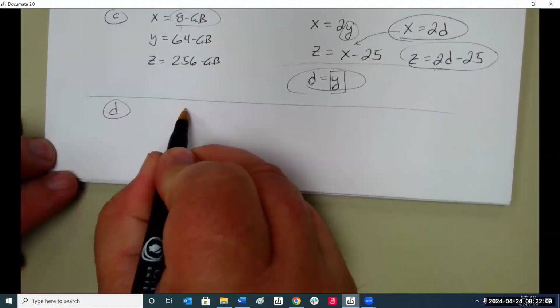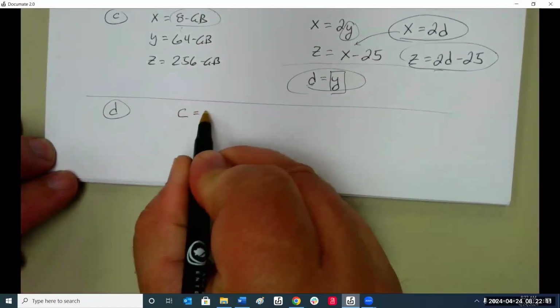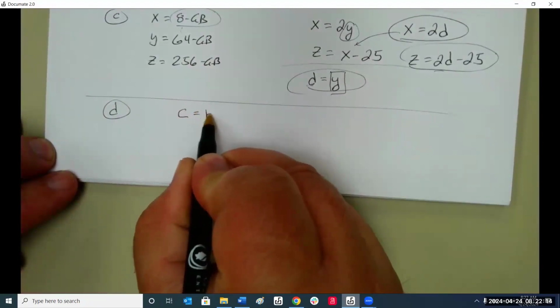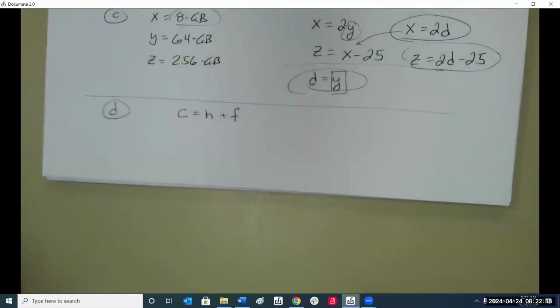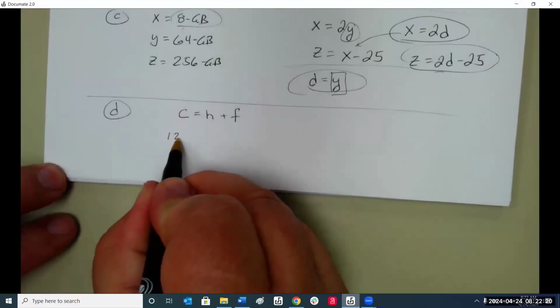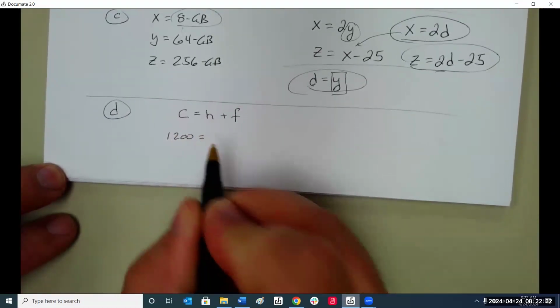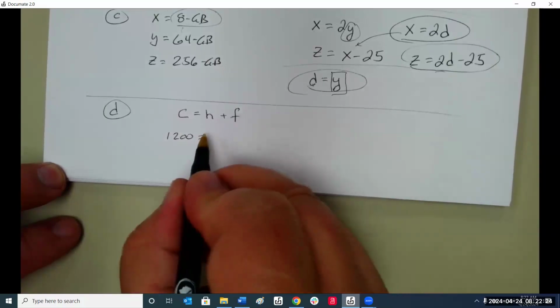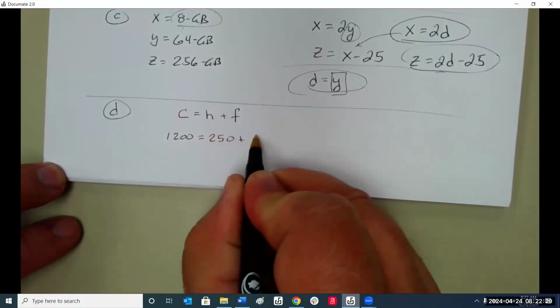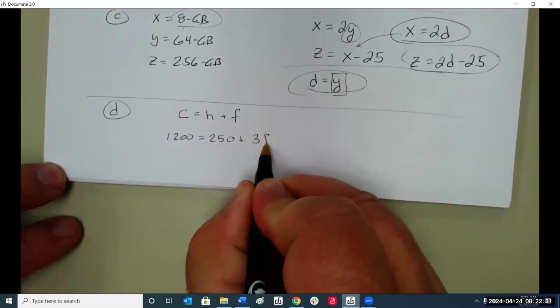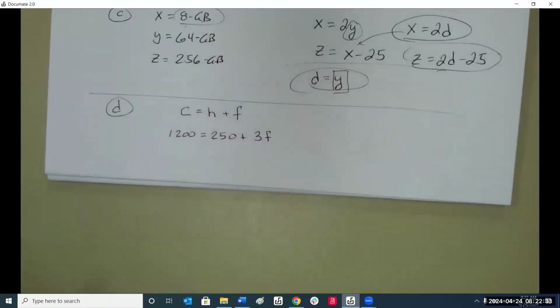Yeah, so the number of calories is the number of hamburgers you can eat plus fries. You're right. So it's 1,200 calories here. And the hamburger was 250, and each fry has 3 calories. So how many more calories can you have a day?